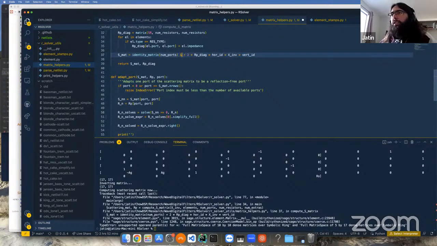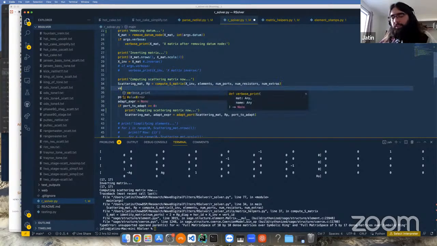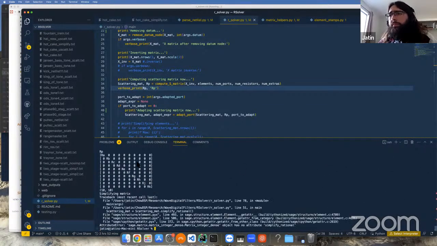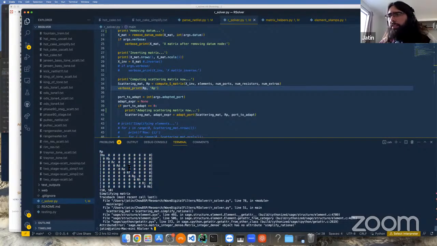Let's try a couple other things here just to appease our curiosity. Let's try printing RP. Yeah, so that seems to be what we expect.